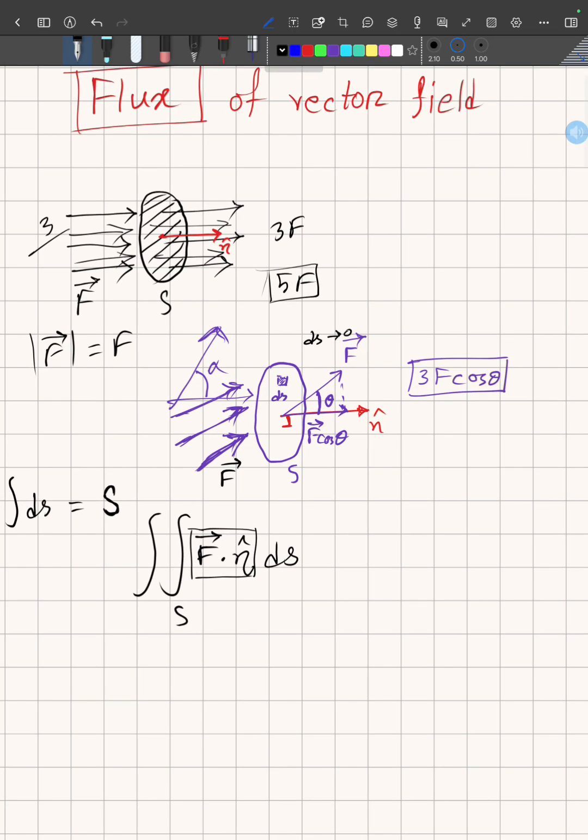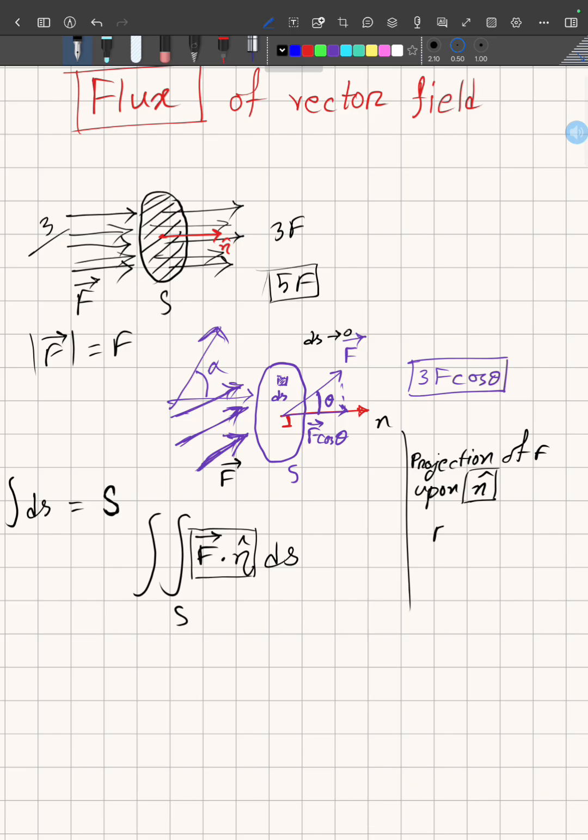Okay, so why do we get the dot product? We know for a fact that if we want the projection of a vector upon a vector, we get the dot product. For example, if I want the projection of F upon the n vector, we have to look for the unit vector. Let's say this is just an n vector and it is not a unit vector.